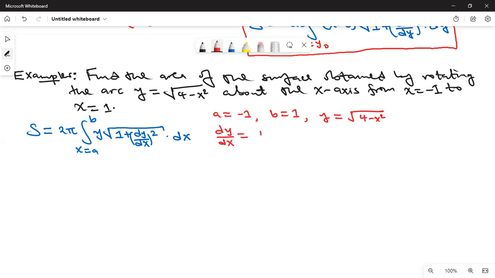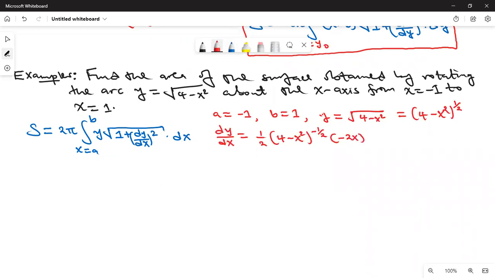When you differentiate, remember this is the same as 4 minus x squared raised to 1 over 2. So use power rule, differentiate the power, we are going to get 4 minus x squared raised to -1 over 2 times -2x. I'm using direct chain rule.